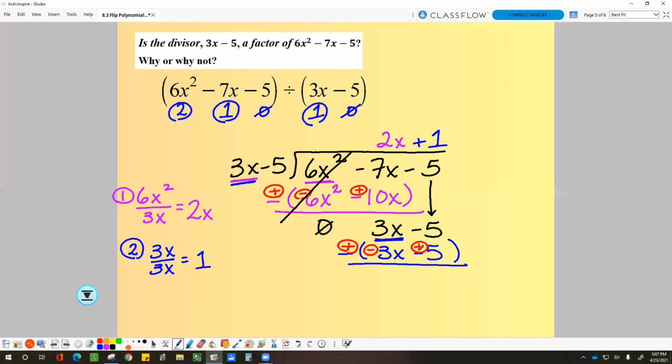And I combine like terms. I have 3x minus 3x, that's 0. And -5 plus 5, that's 0. So now my remainder is 0.